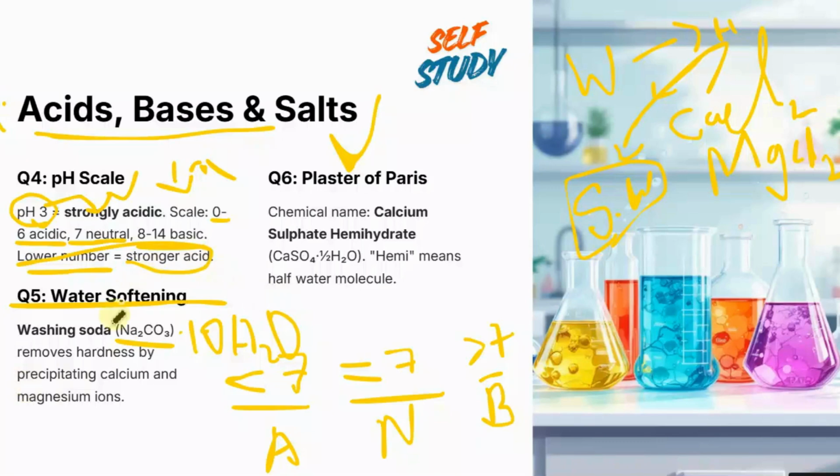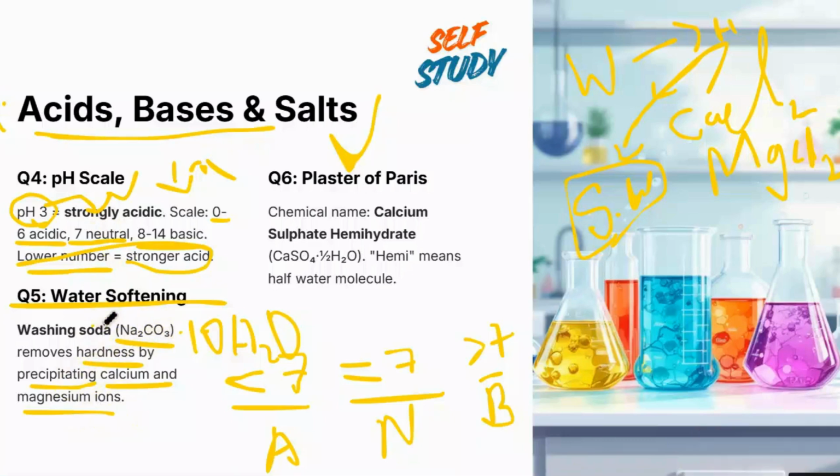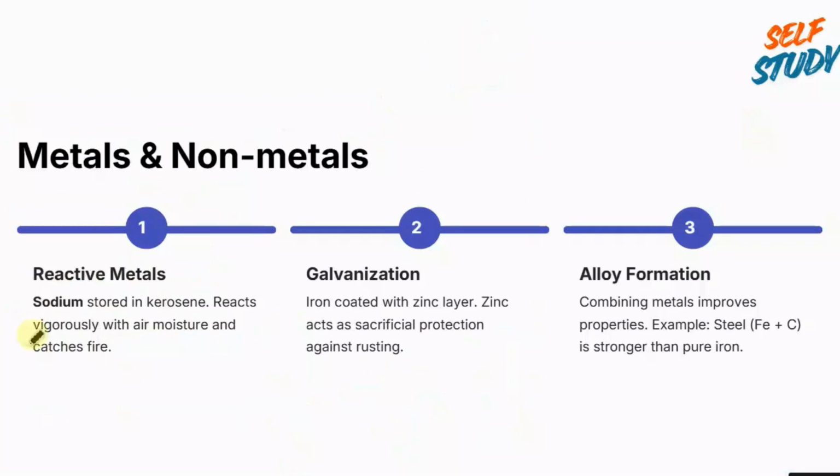Washing soda, Na2CO3.10H2O, removes the hardness of water by precipitating the calcium and magnesium ions present in hard water, making it soft and usable for us.